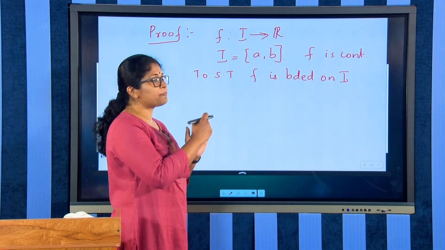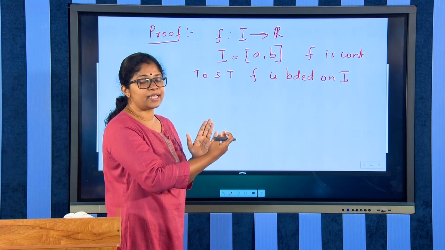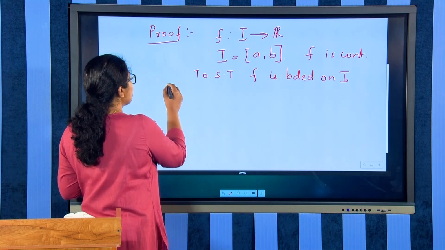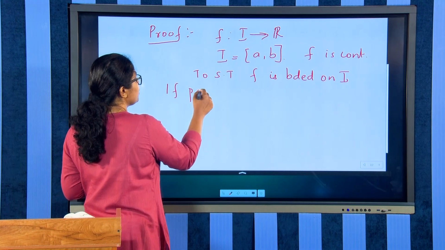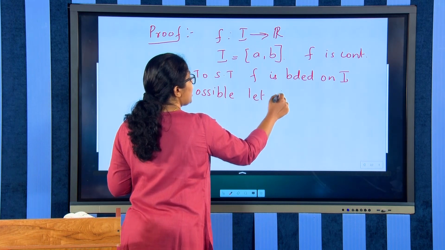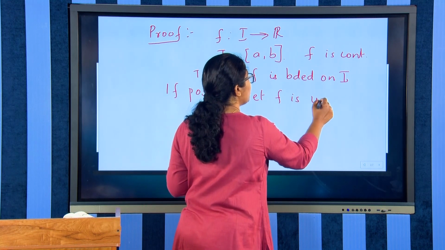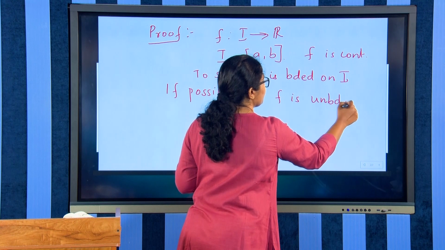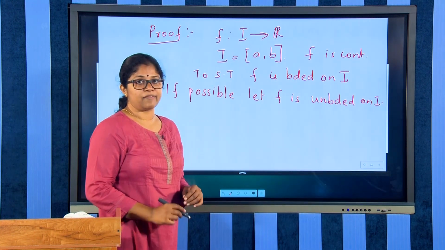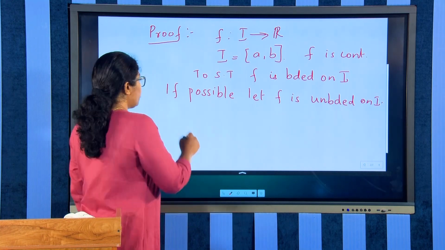To show something is true, we will use a technique in mathematics: we will assume the contradictory. If possible, let f be not bounded, or unbounded, on I. So, what is the meaning of this unboundedness?